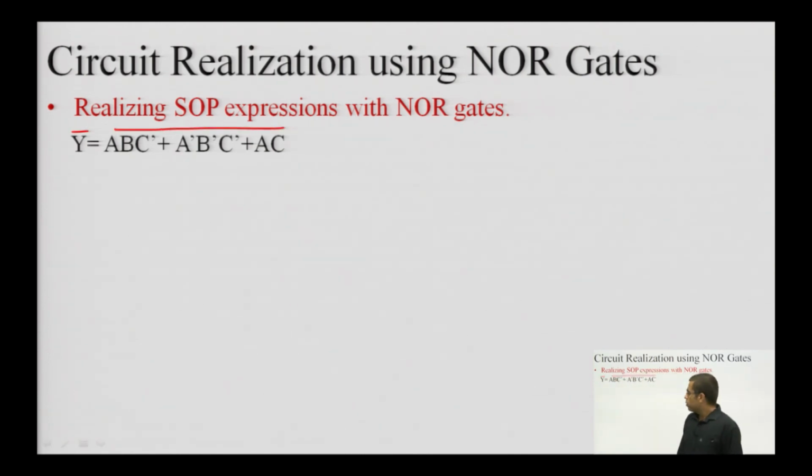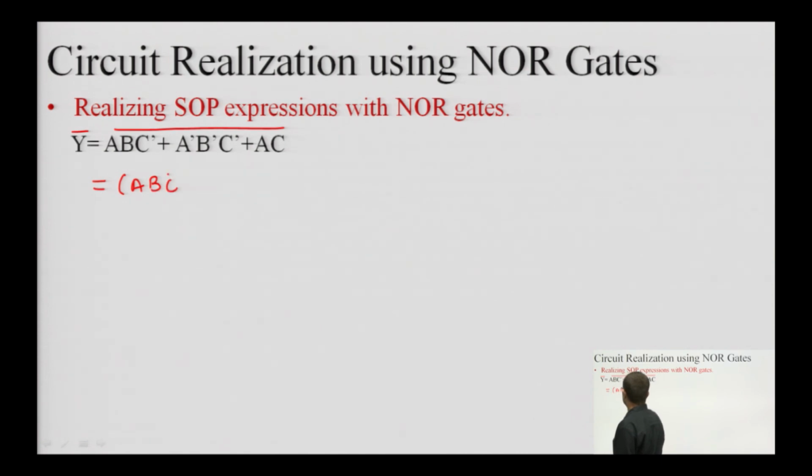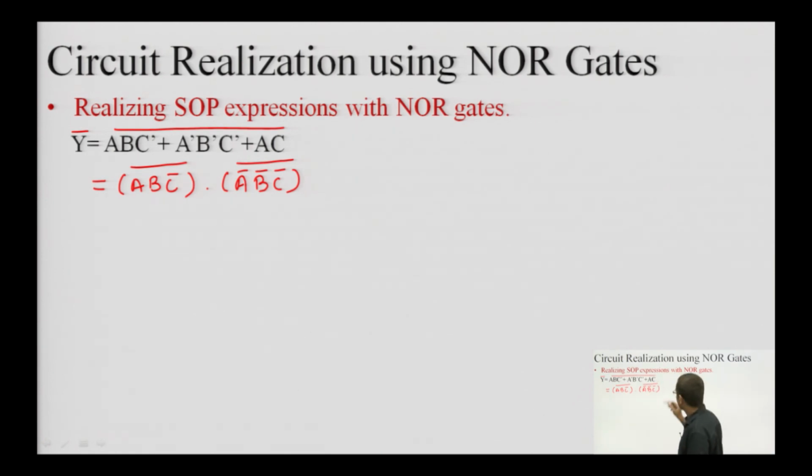So, for this the structure will be something like this: A, B, C complement, whole complement. This plus will change to dot, A complement, B complement, C complement, whole complement.